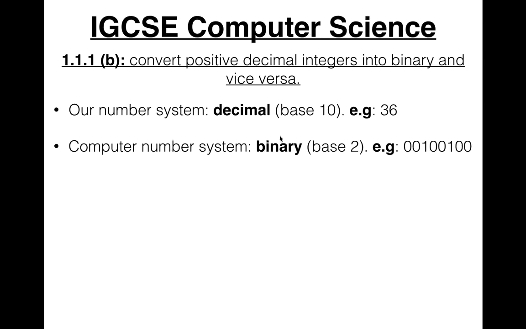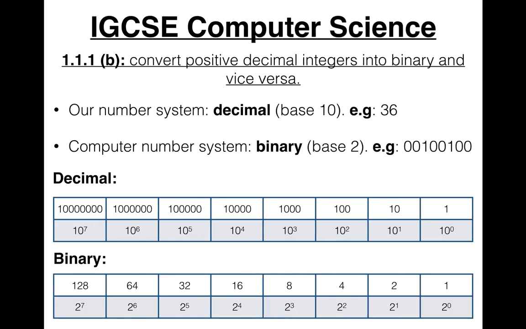The computer number system is binary, which is base 2. In decimal, since it's base 10, only 10 possible digits exist, which are the numbers 0 to 9. For binary, it's only 2, which are 0 and 1.